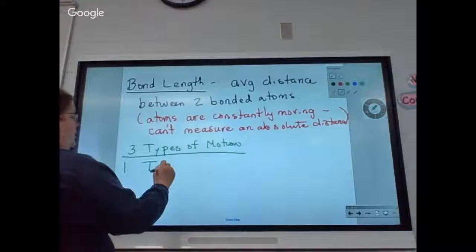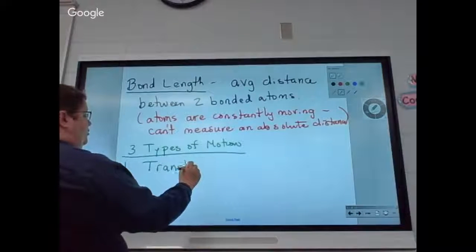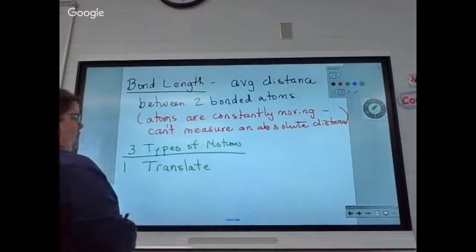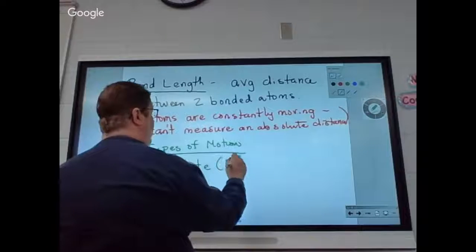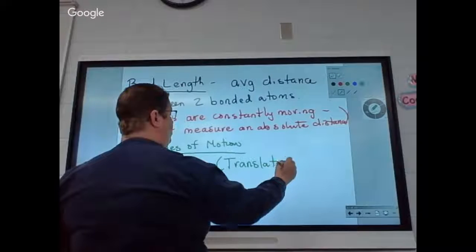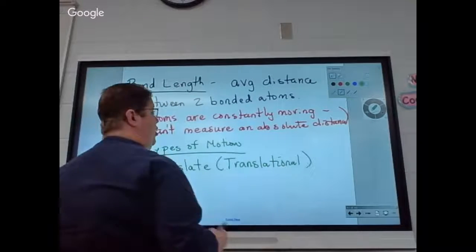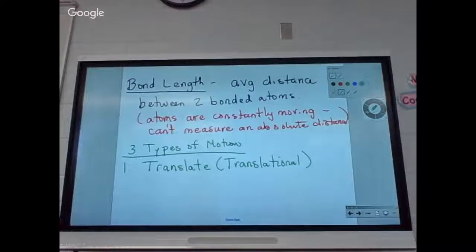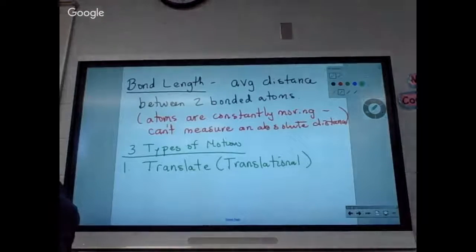First of all, atoms translate, or you can call it translational motion. When you get up to leave my class and go to third period, or Sophie went to ISS for me and came back, she translated. That's the only kind of motion I have.